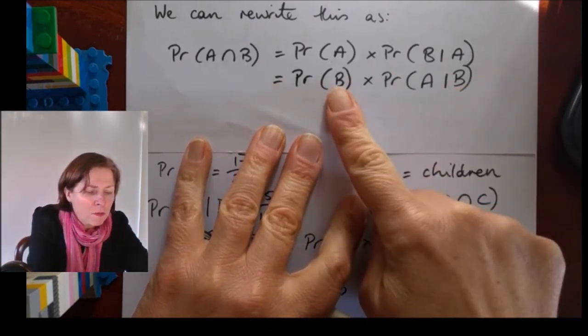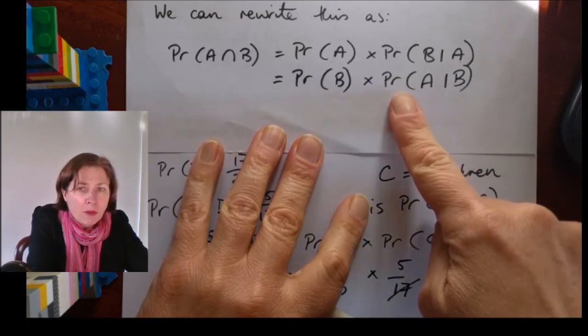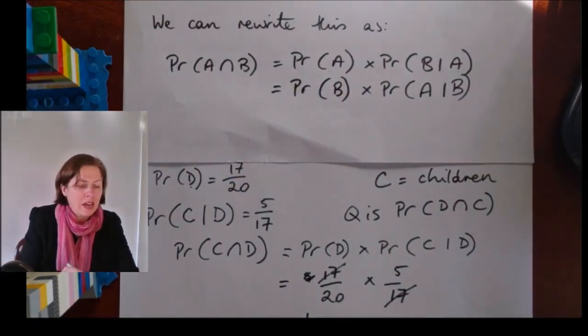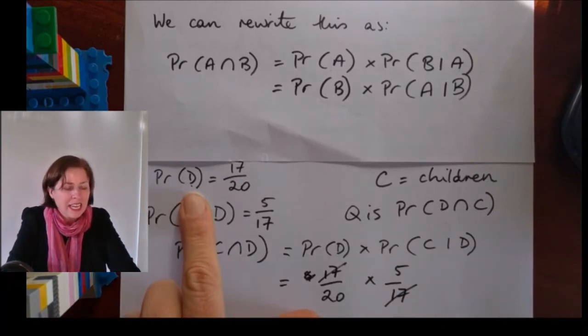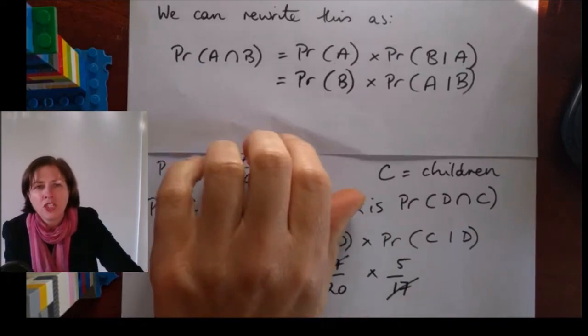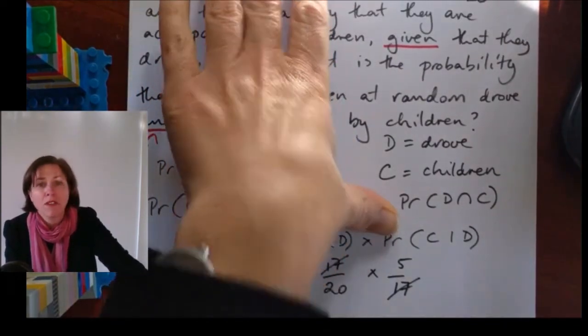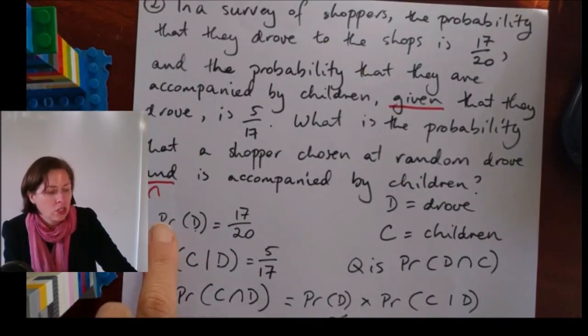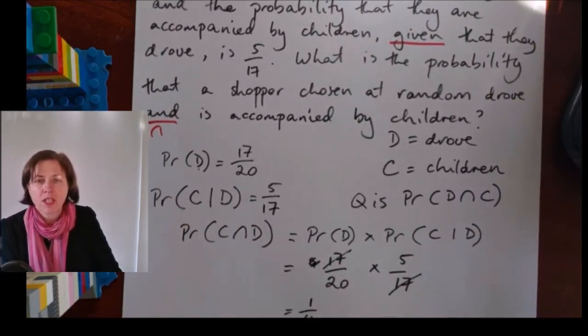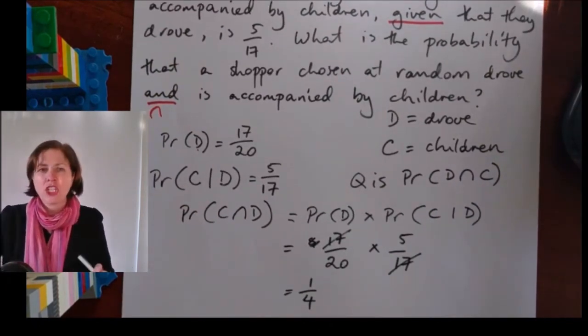All right, so I could have used the probability of C times the probability of D given C, but that's not what the question gave me. I have to use what I'm given in the question. So I jotted down what I was given, and then I put that into the formula. Okay, so that's our conditional probability.